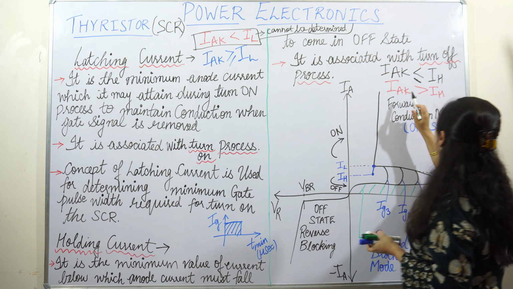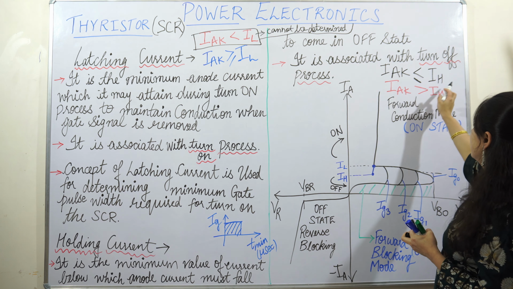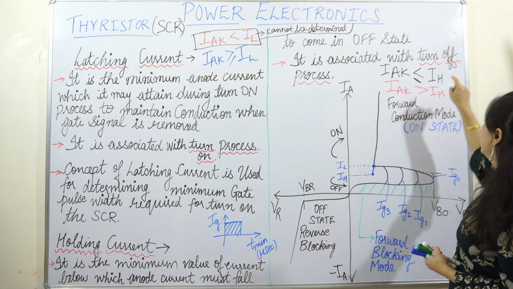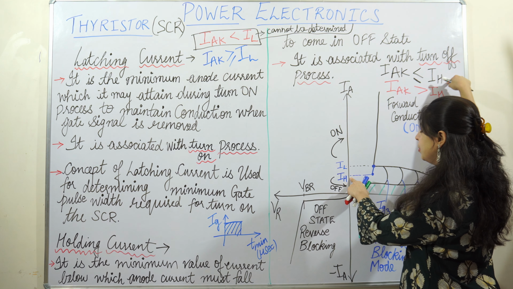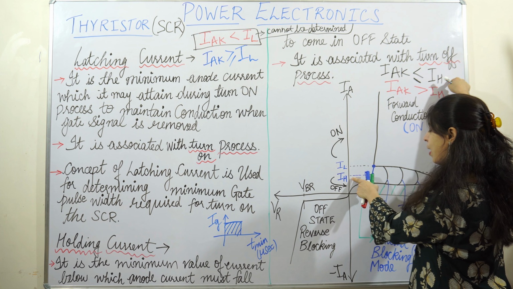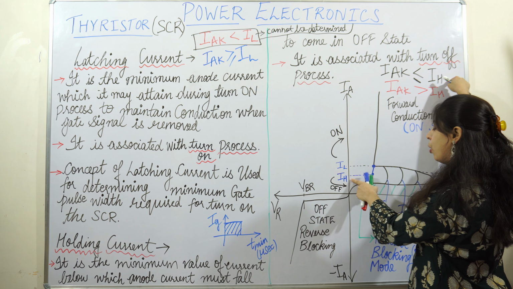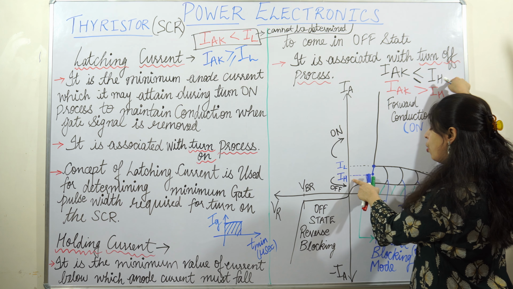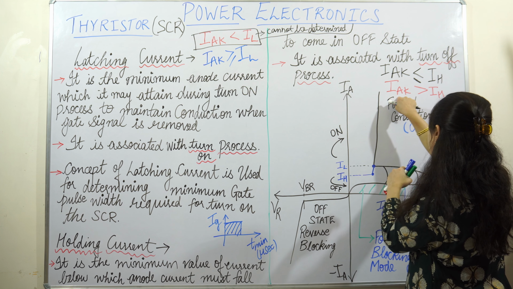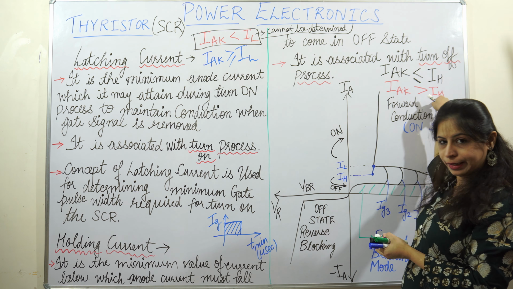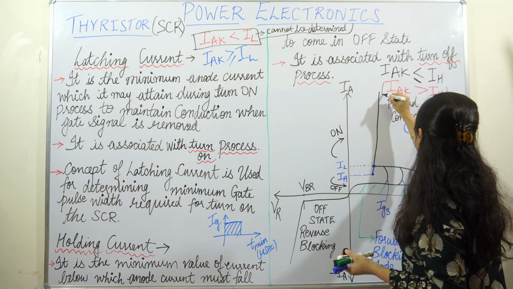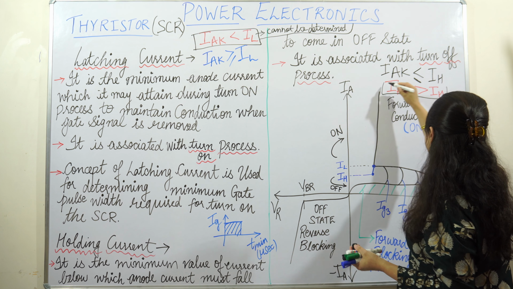Okay, and similarly this condition is for the off state, when the turn off process, if it is the minimum, it is that current beyond which it is required for the off state, and if we increase our anode to cathode current greater than the holding current, then this condition cannot be determined.